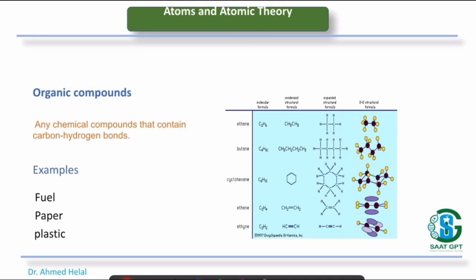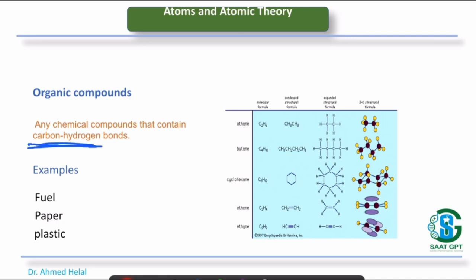The last type of chemical reactions is known as combustion. What is combustion? Before studying combustion, we have to study something known as hydrocarbons. I gave you a hint about hydrocarbons, or organic chemistry, in the previous session. Organic compounds, they are hydrocarbons.